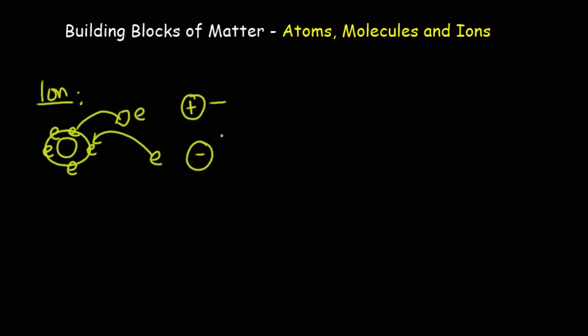Now, any atom which can exist in either this or that is called an ion. So an ion is defined as an electrically charged atom, or simply put, a charged atom.